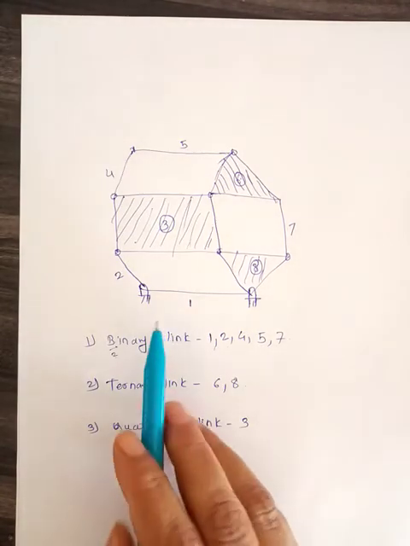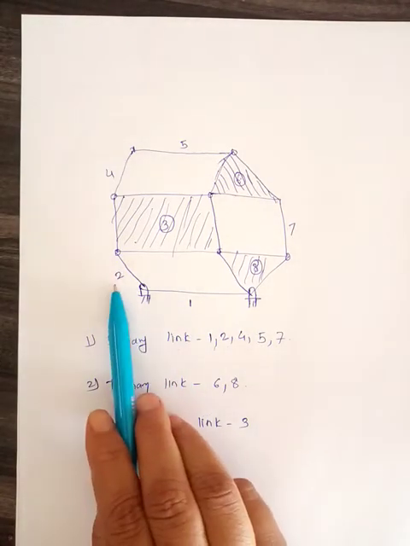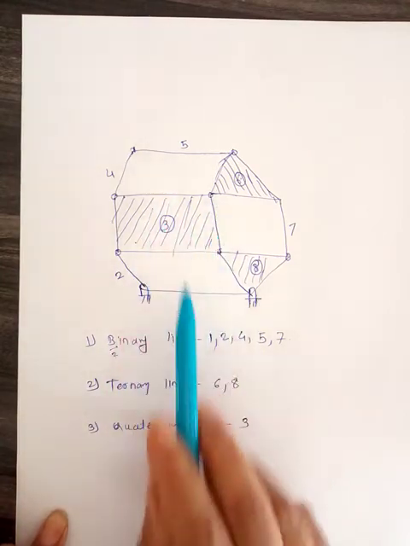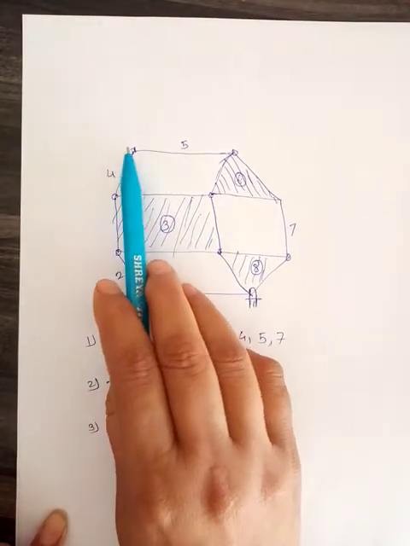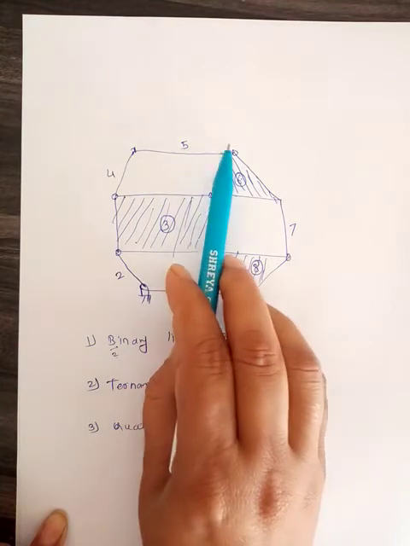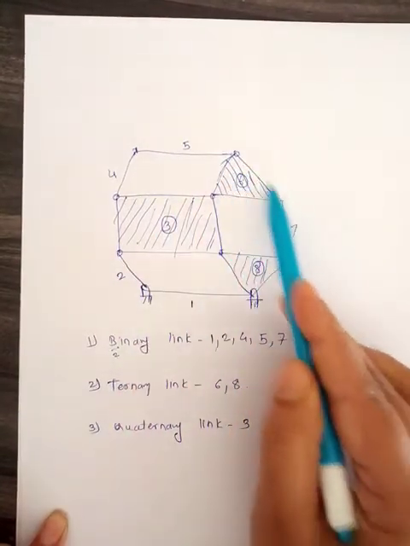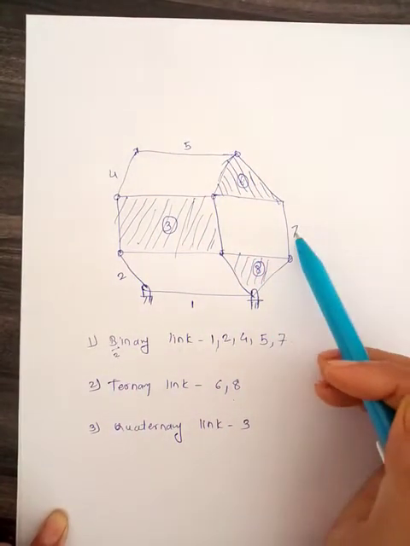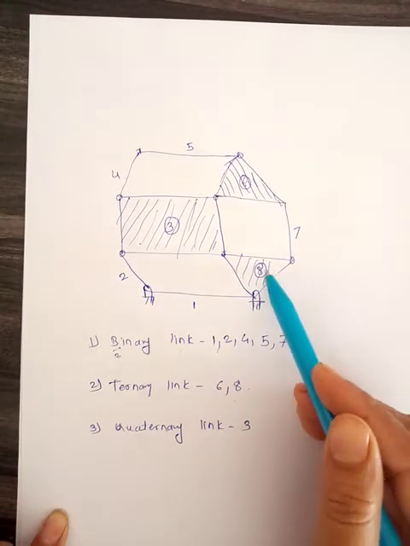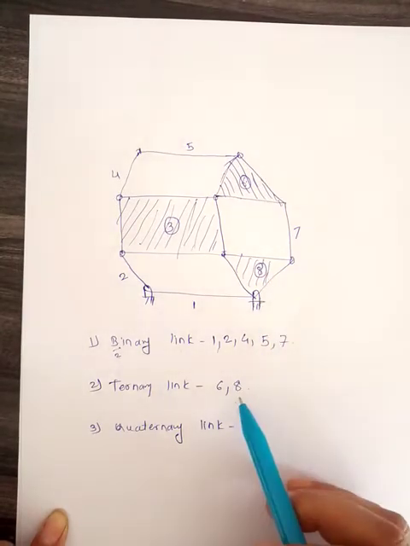Okay, 1 is binary, 2 is binary, 3 is quaternary, 4th will be binary, 5th will be binary, 6th will be ternary, 7th again binary, 8th again ternary.